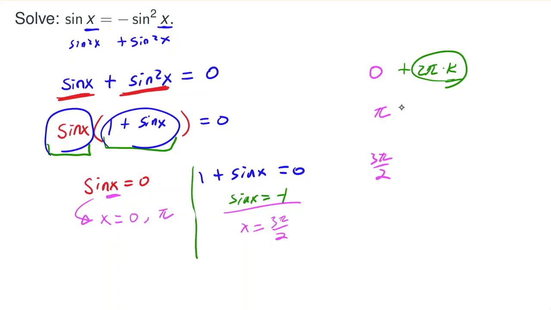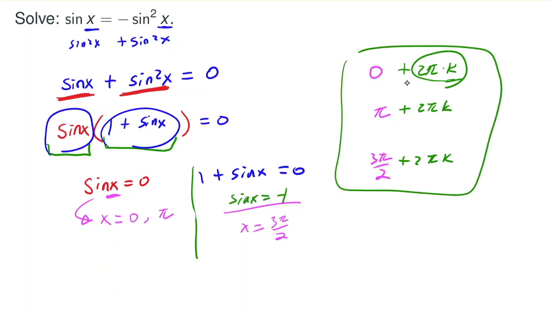Okay, here also add 2 pi k, add 2 pi k. So essentially we have an infinite number of answers for this problem, but we don't just say infinite number of answers because we can find the form. Each answer has the form of 0 plus 2 pi k, pi plus 2 pi k, 3 pi over 2 plus 2 pi k.